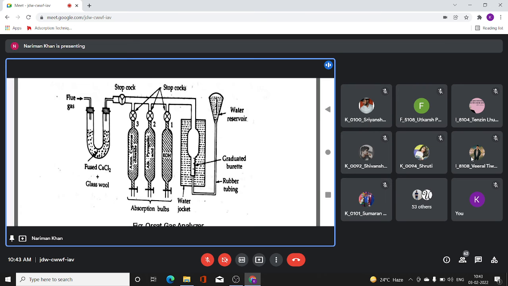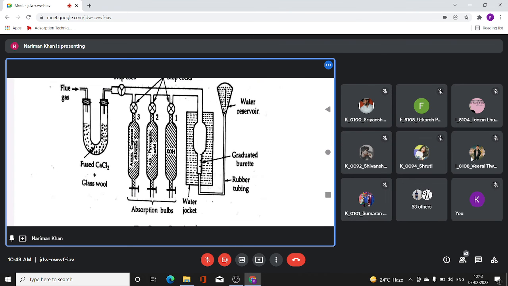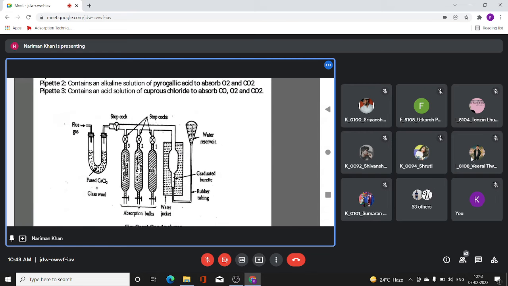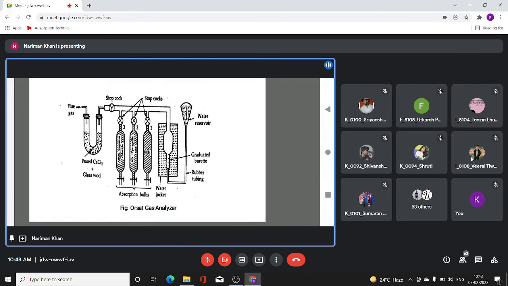Then this graduated burette is connected with three different pipettes, as you can see here. They can be called absorption bulbs. There is one graduated burette, and then it is connected to three different pipettes.